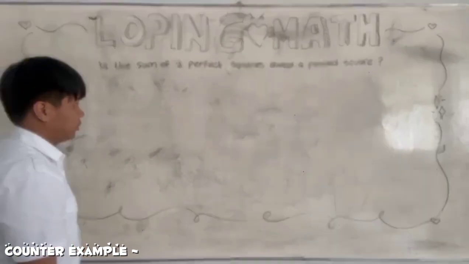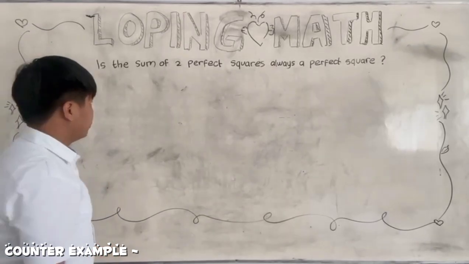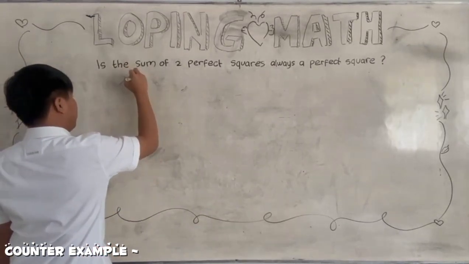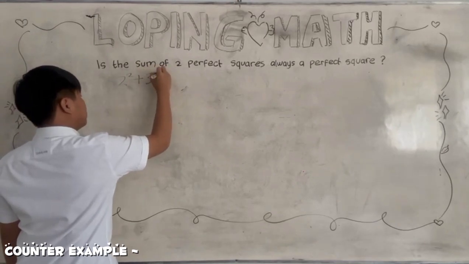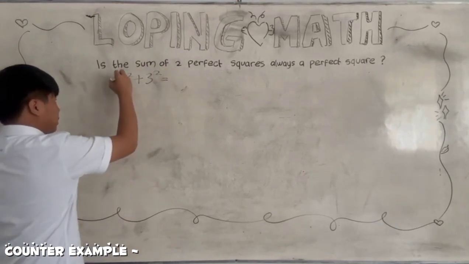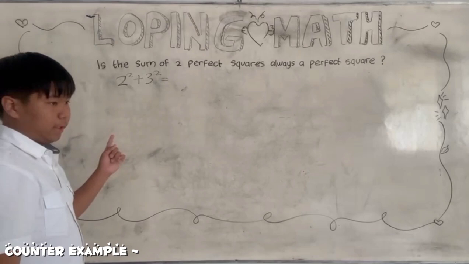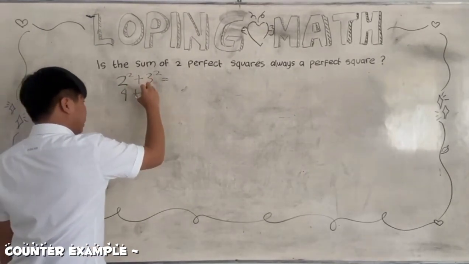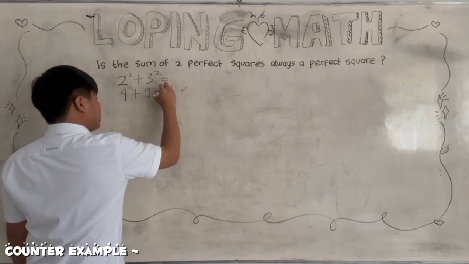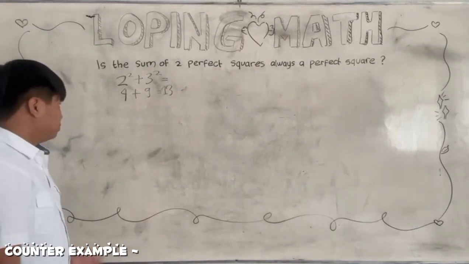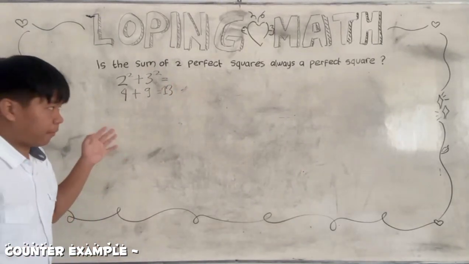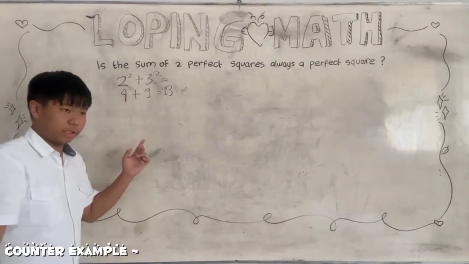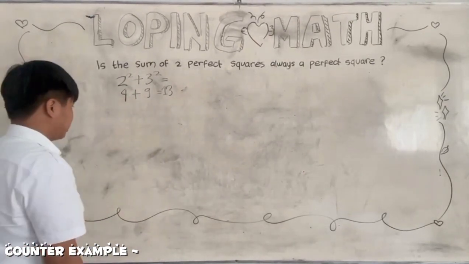Is the sum of two perfect squares always a perfect square? We're going to use two perfect squares, which is 2 and 3 to the power of 2, which is going to be 4 plus 9, which equals 13. But 13 is not a perfect square, because there is no integer that can produce 13 if it's multiplied by itself.